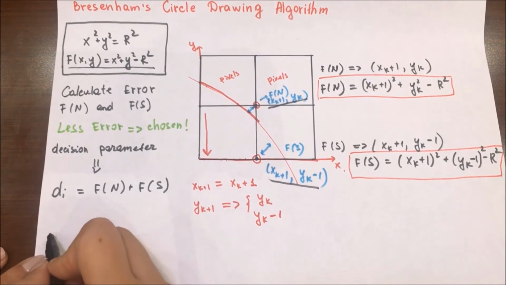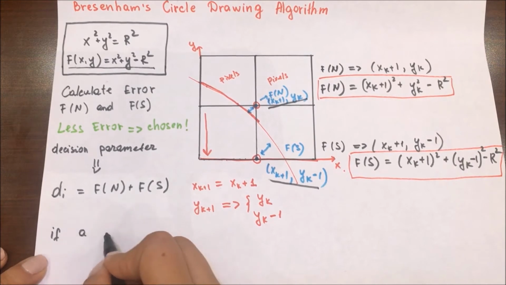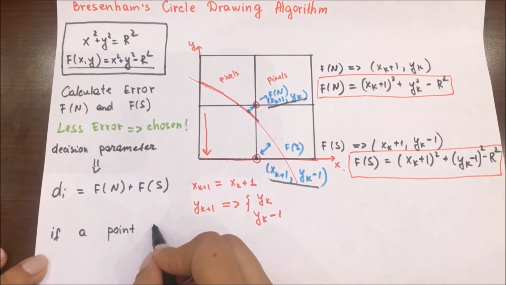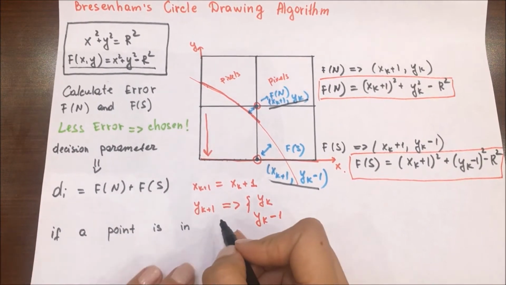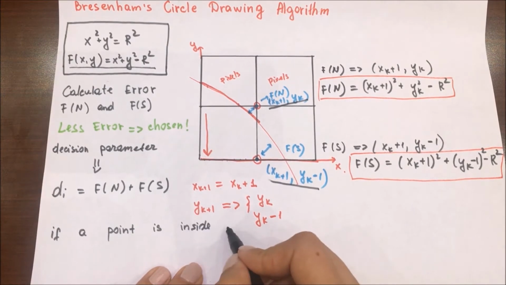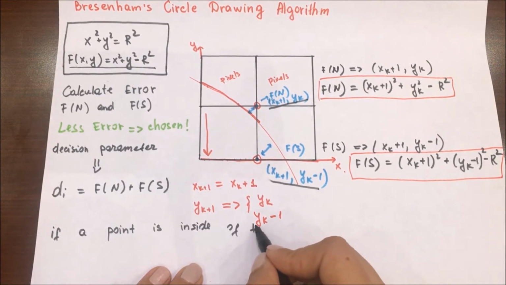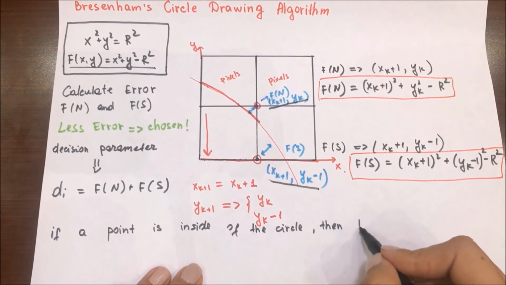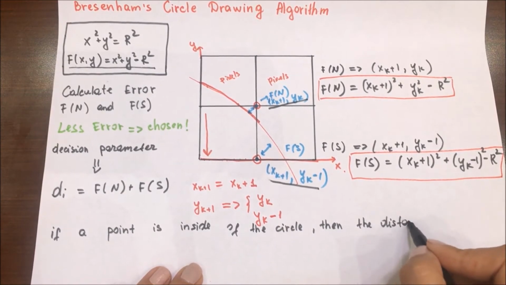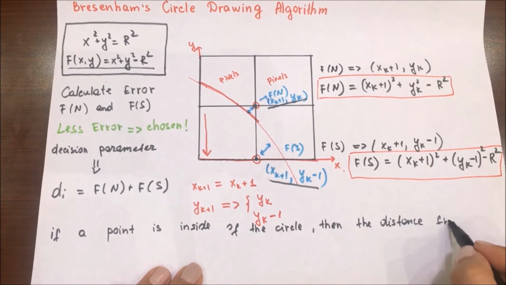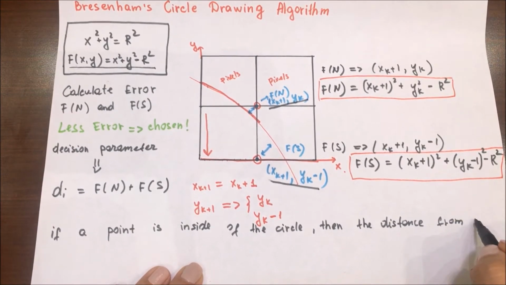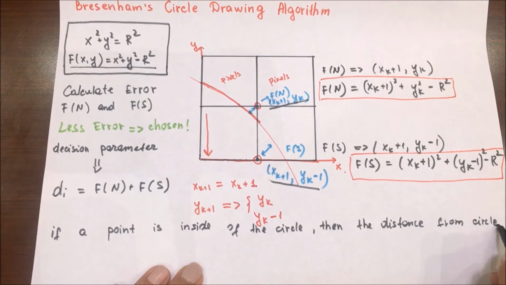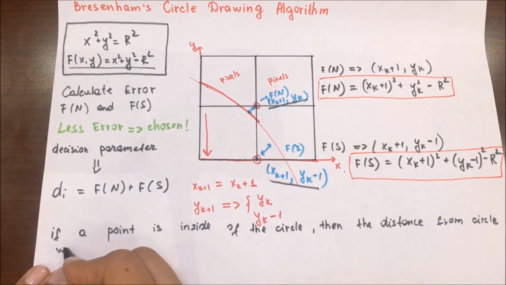Now we have to analyze two important conditions. First one, if a point is inside of the circle, then the distance from the circle will be negative.